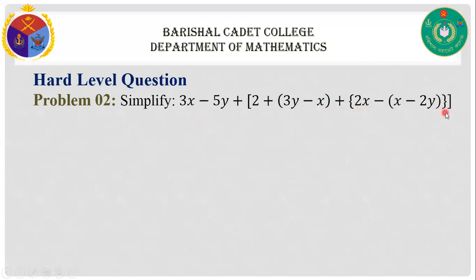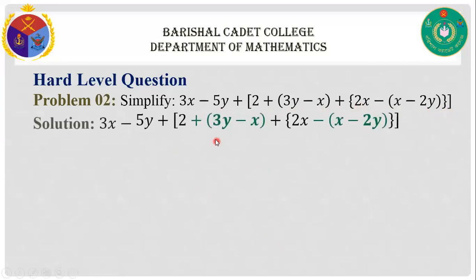So we have two first brackets, (3y minus x). Before this first bracket we have a positive sign, so this sign will be the same, and here (x minus 2y), this first bracket has a negative sign before, so this sign will be changed. So now another part remains the same.